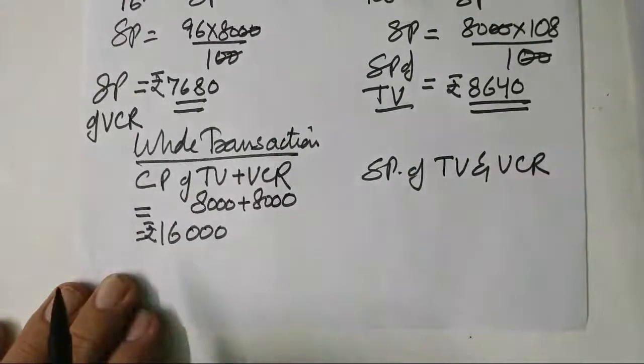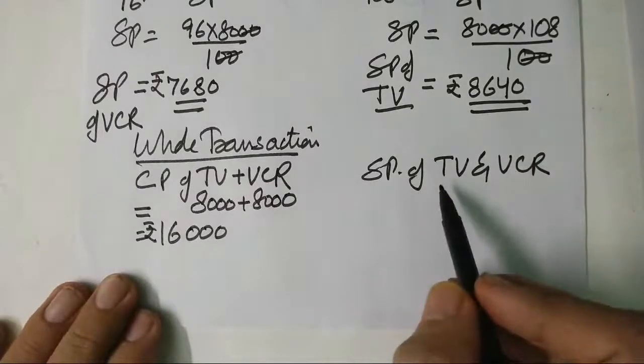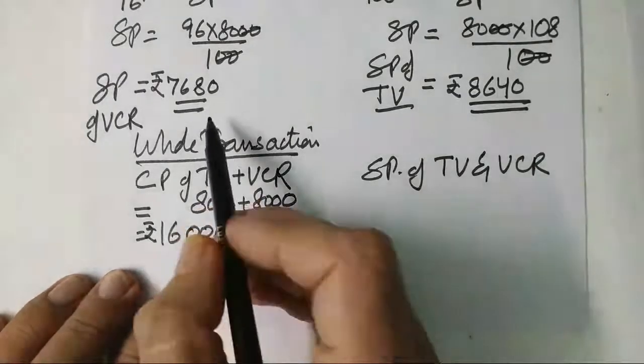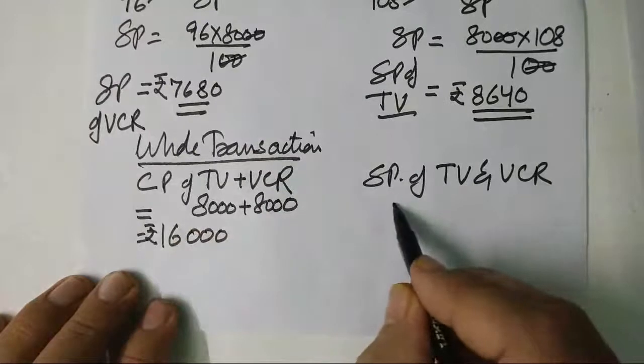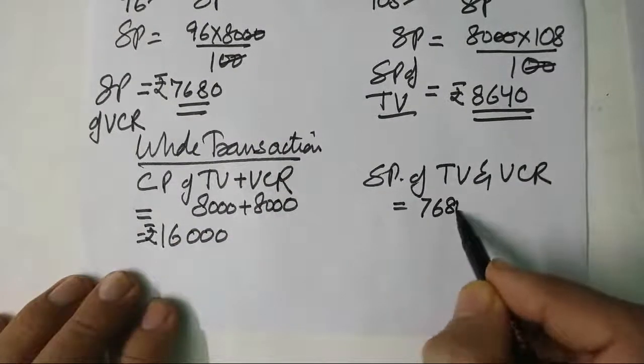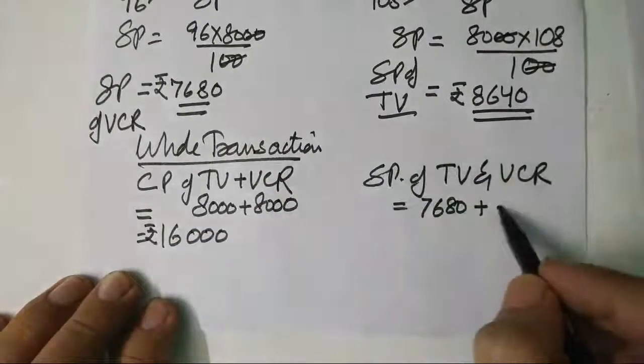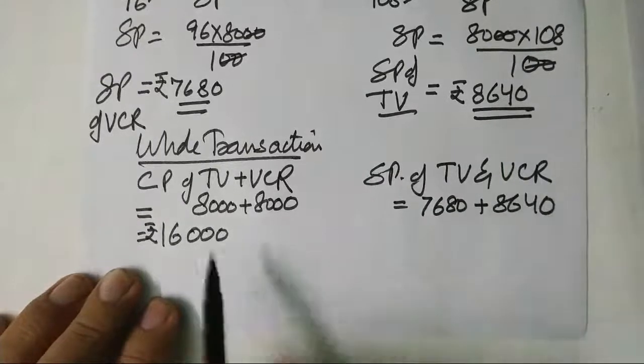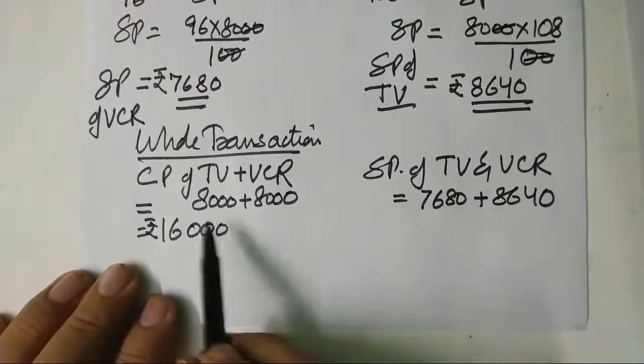which will become rupees 16,000. The selling price of TV and VCR are 7680 plus 8640. So CP and SP are both different.